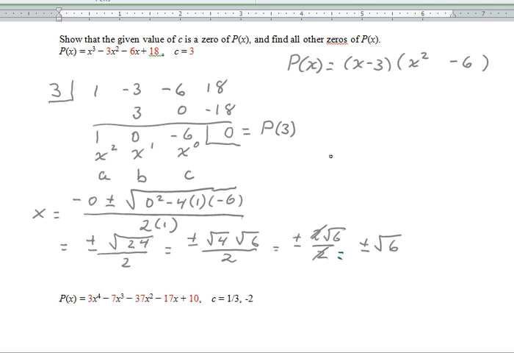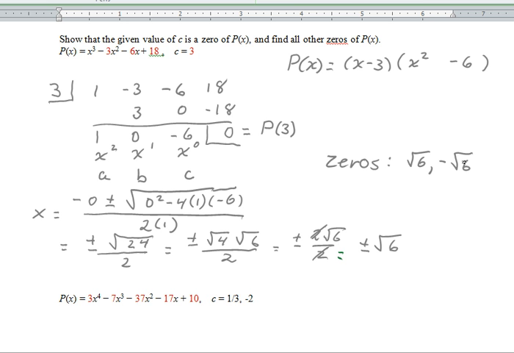So the other zeros are square root 6 and minus square root of 6. These are in addition to 3, the given 0.